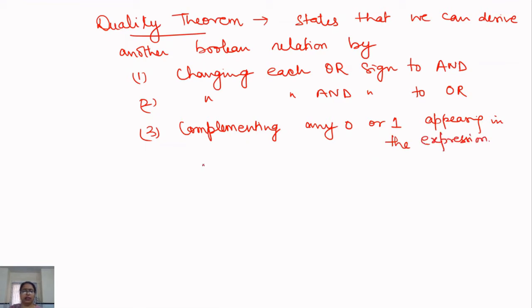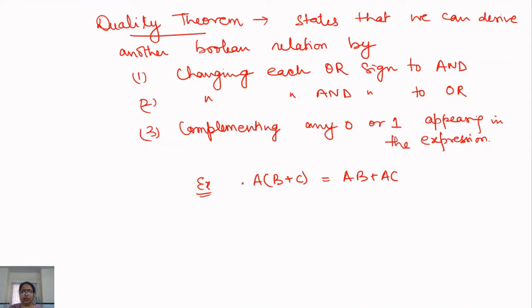So for the duality theorem, you change the OR sign to AND sign, the AND sign to OR sign, 0 to 1 and 1 to 0. For example, you are given a Boolean expression like this. You have to derive another Boolean expression from it.